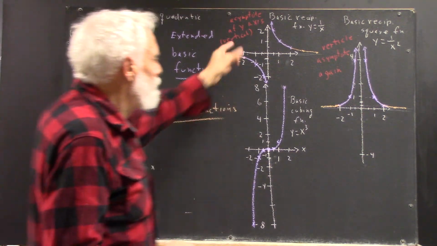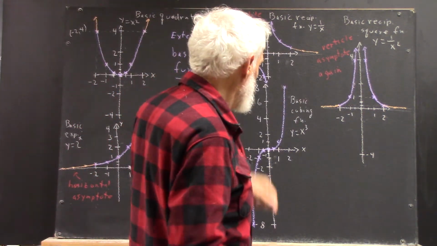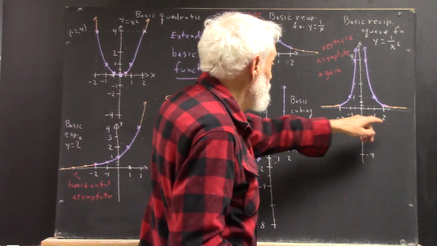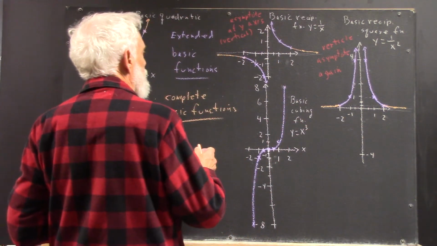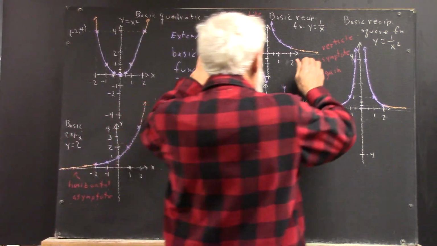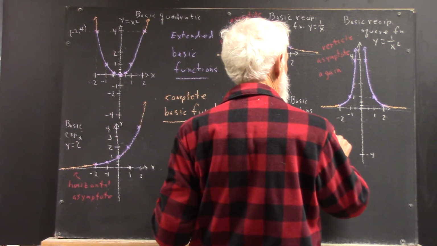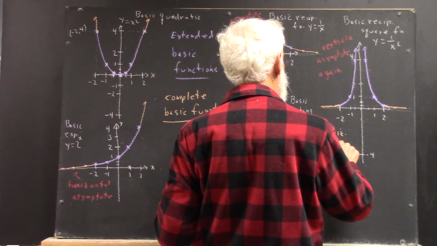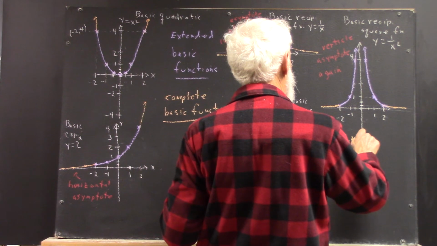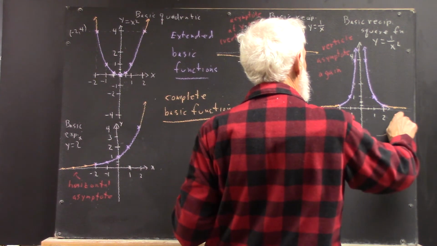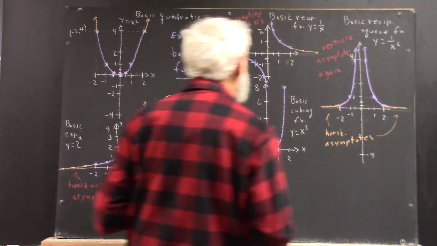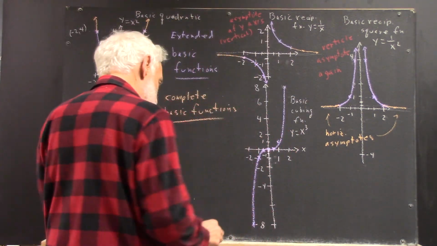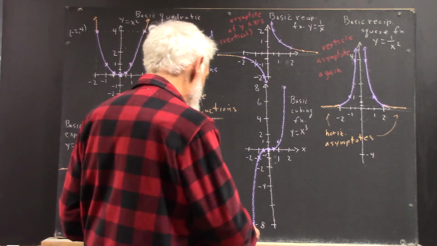So we have vertical asymptotes here and here. And we also have horizontal asymptotes here, here, here, and here. And I don't have room to label these, but we know what they are. We have them here as well. Okay, so kind of important terminology.